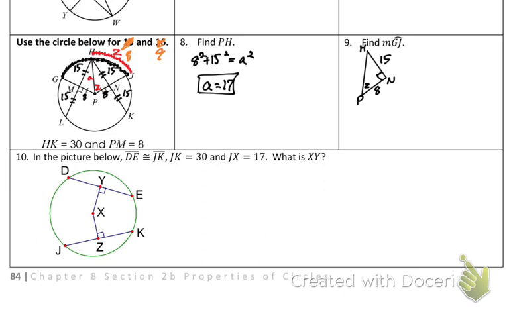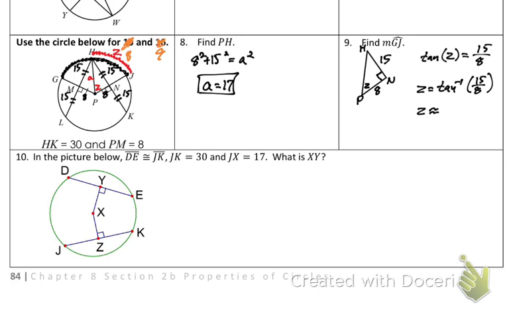We aren't using the hypotenuse. So tangent of Z equals opposite over adjacent, and so Z equals the tan inverse of 15 over 8.